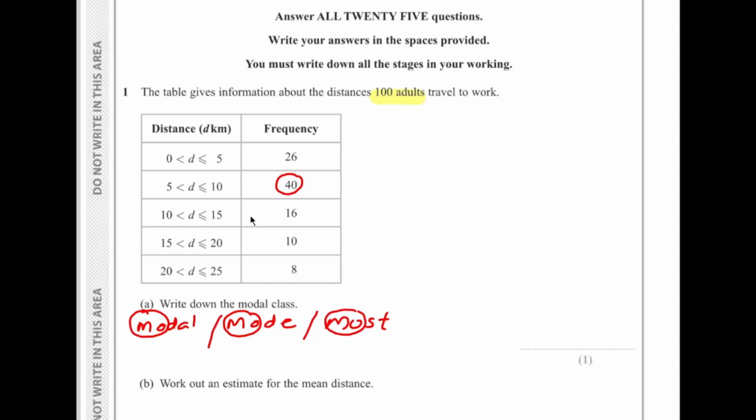You have to identify the group represented by this frequency, which is distance greater than 5 and less than or equal to 10. This is the answer. This is the part A answer.